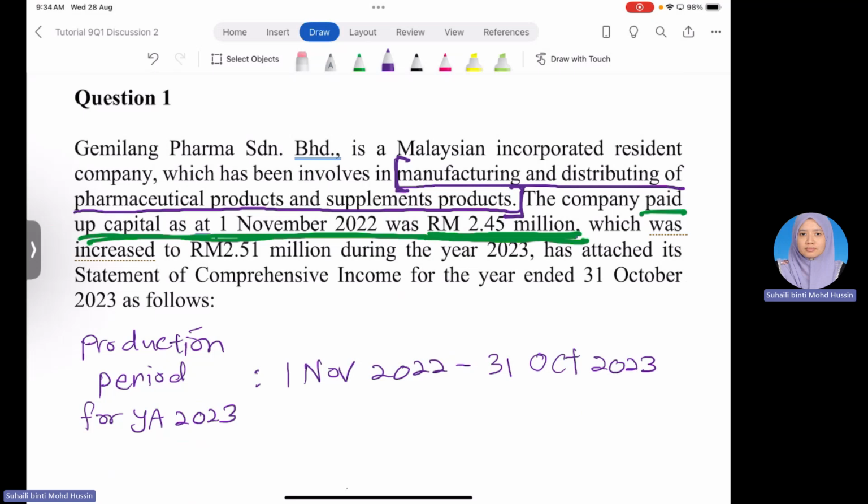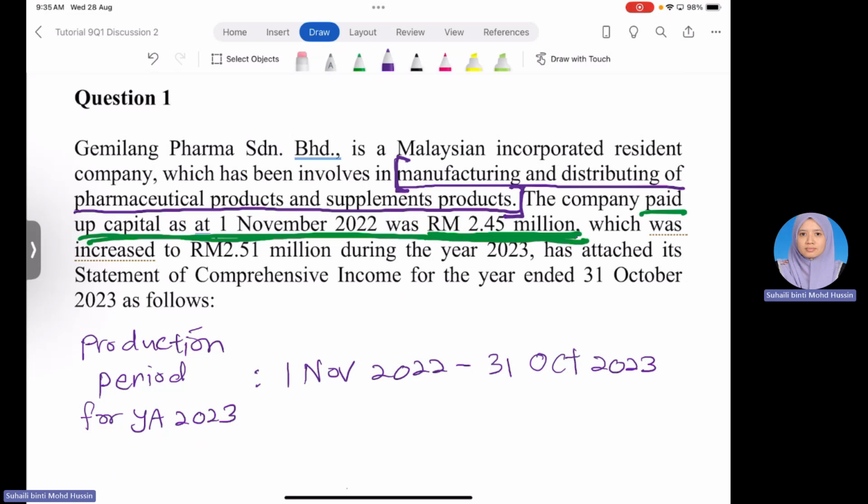Everything related to manufacturing and distributing pharmaceutical products and supplementary products, whether you manufacture or distribute to other sellers, we consider incurred in the production of gross income.